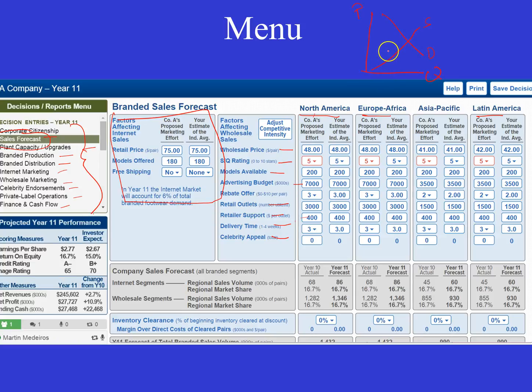But remember, these curves don't move if all of the other determinants of demand, other than price, remain constant. If those determinants change, the demand curve shifts. For example, if you increase the style quality of your shoe, it's going to shift your demand curve over to the right.